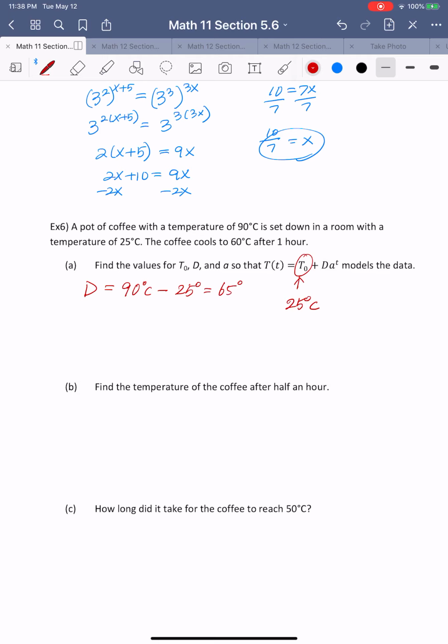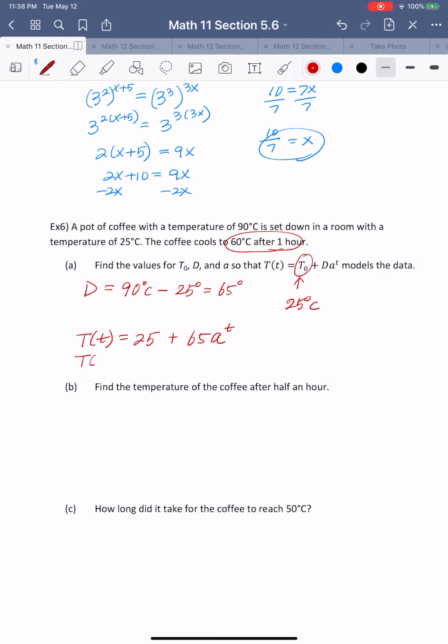All right, so that's D. So if you plug it in, T(t) is equal to 25 plus 65 A to the t power. Now we have to find A, but in order to find A, I have to use that the coffee cools to 60 degrees after 1 hour.